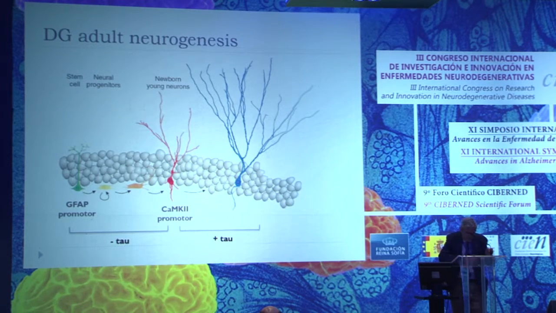One promoter is expressed in this type of cells, stem cells, and the other one is expressed probably from here.